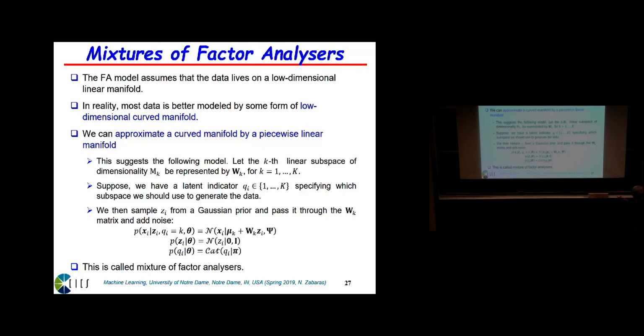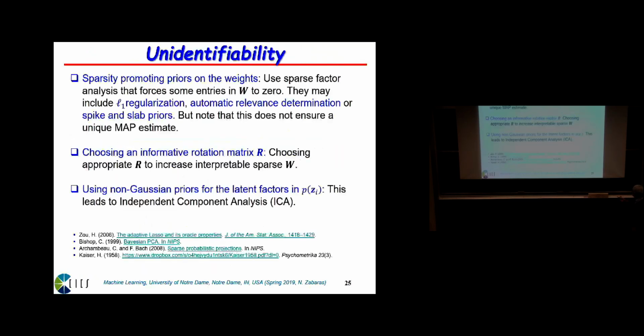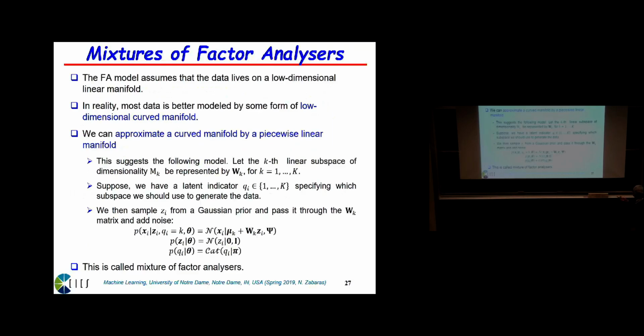So all the factor analyzers have the same psi, but the mean and W have an index k. So what you need is a probability model to select which model you're using, and obviously that's going to be a categorical distribution defined with probability pi.